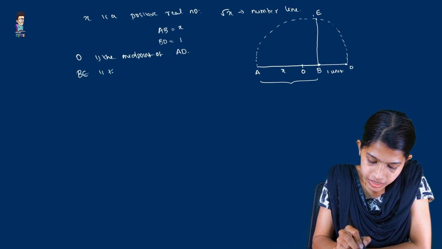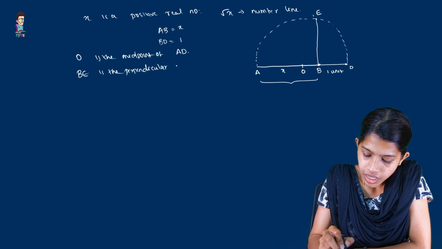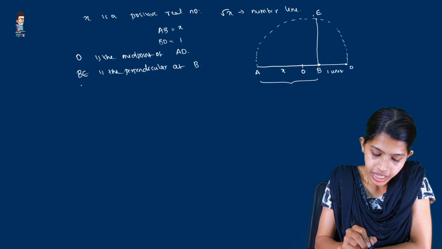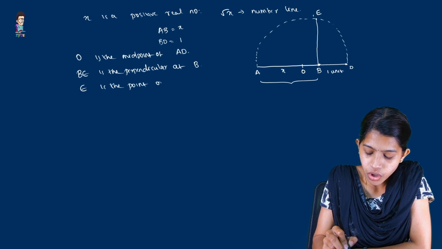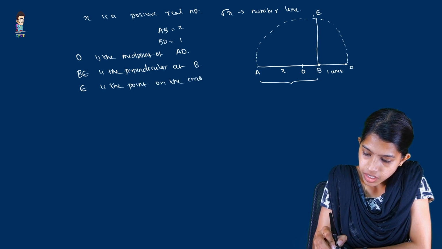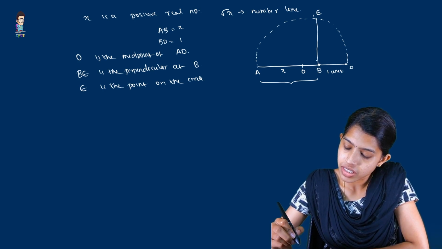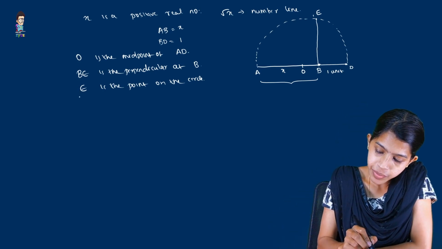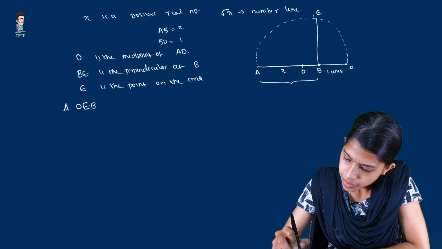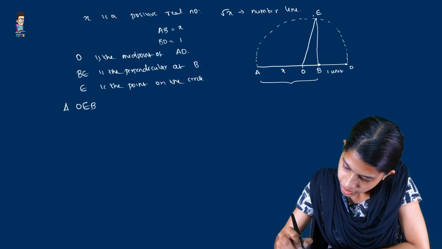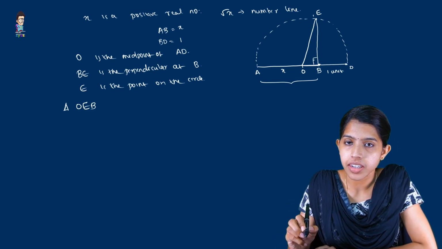B is the perpendicular at B and E is the point on the circle. Now, can you see the right angled triangle OEB? Look at the triangle. Our triangle OEB is a right angled triangle.